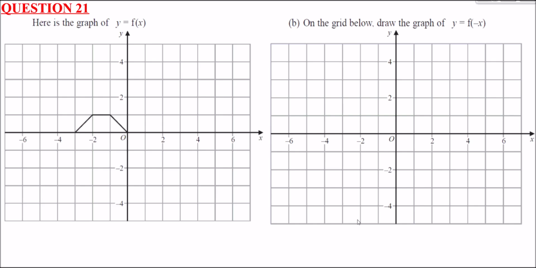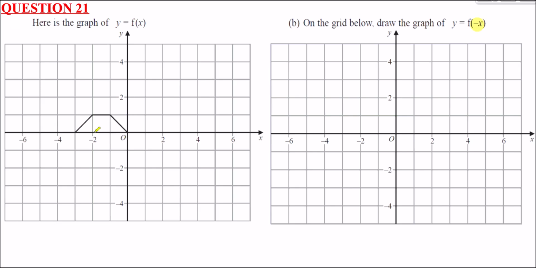For part B, we need to now draw f of minus x. So this time, the change of f of x to f of minus x is inside the brackets and is affecting x. It looks like the x has been multiplied by minus 1. Essentially, you can think of it as being divided by minus 1. This here means where x was negative, we're just switching its sign.